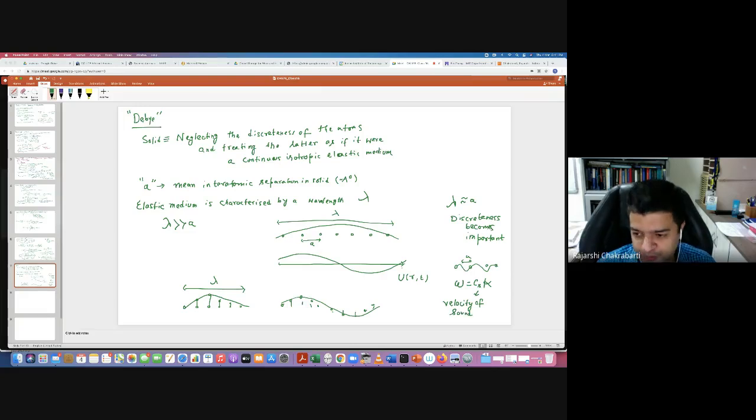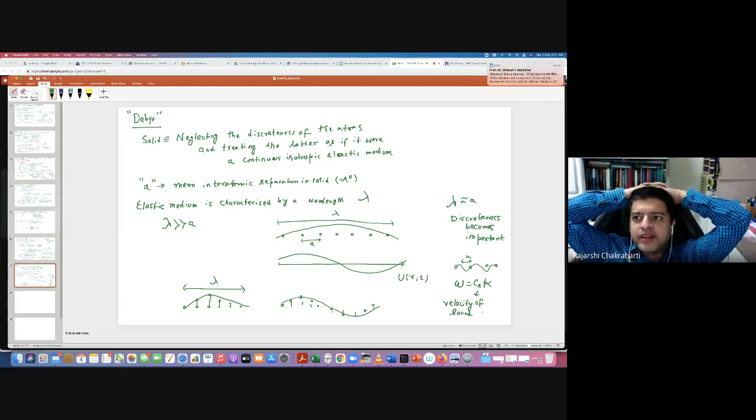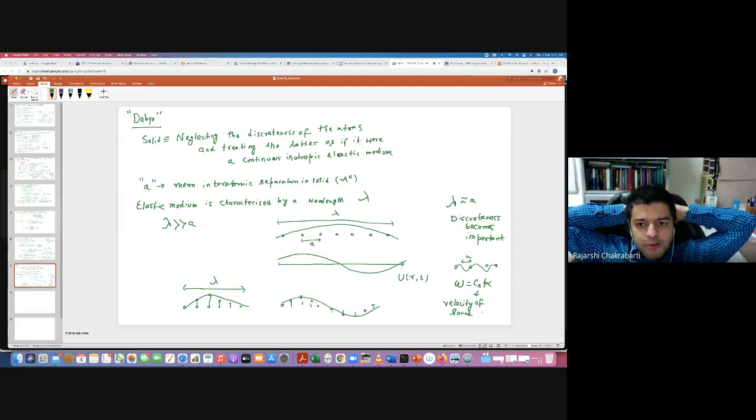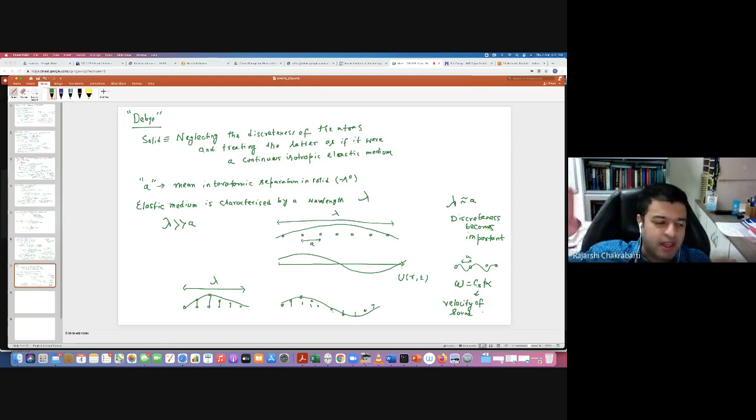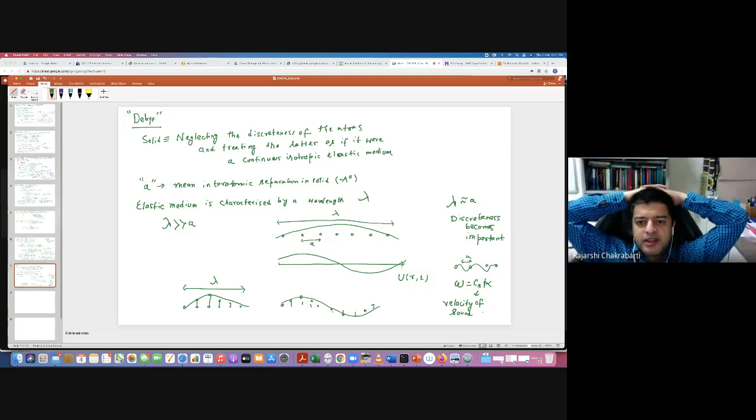This is the velocity of sound because when these modes propagate in the medium, they propagate with the velocity of sound. You know how sound propagates in a medium. If it propagates in air, some particles vibrate here, and that vibration is transferred to the next particle, like this, collectively. This is how sound propagates in a medium.